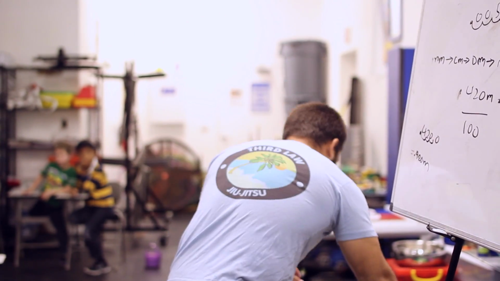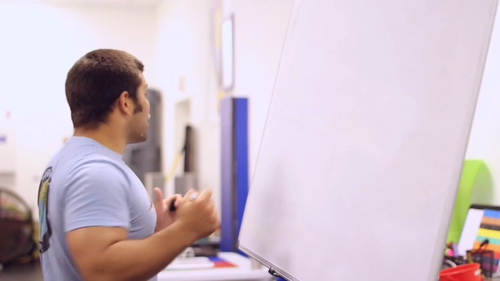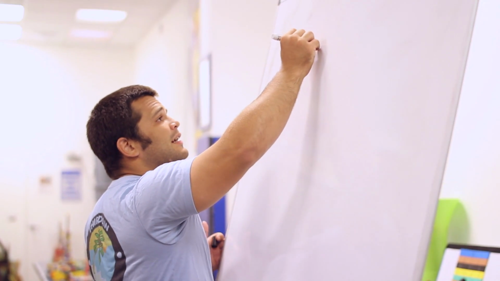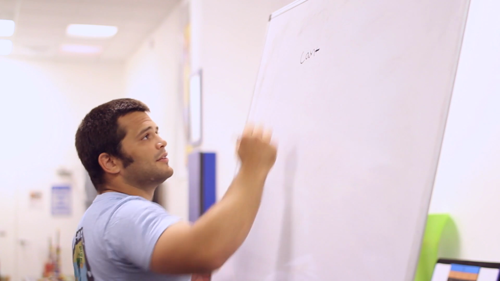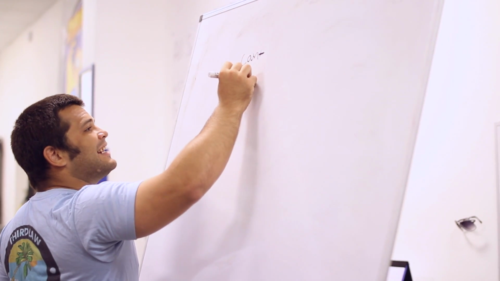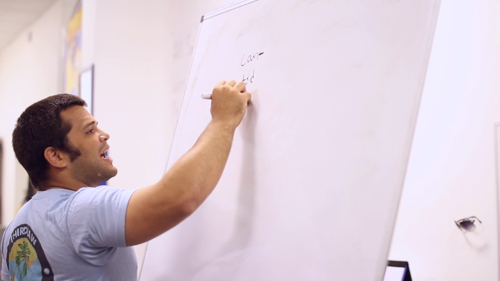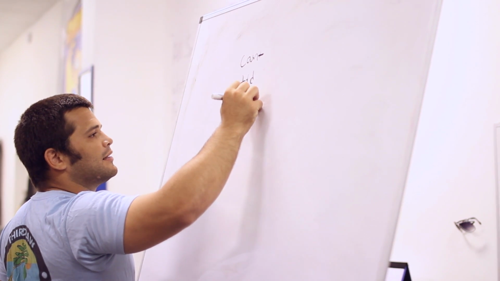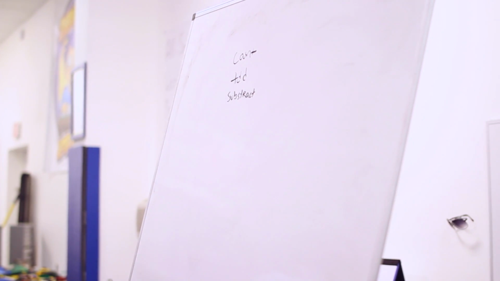Last thing, I promise. When you're little, the first thing you learn is to what? Count. Forwards and what? And backwards. Then what do we do? Add and subtract. Then what do we follow?